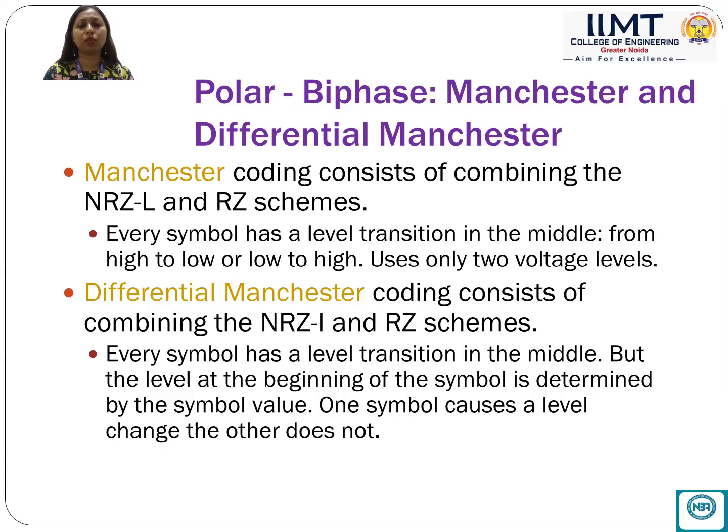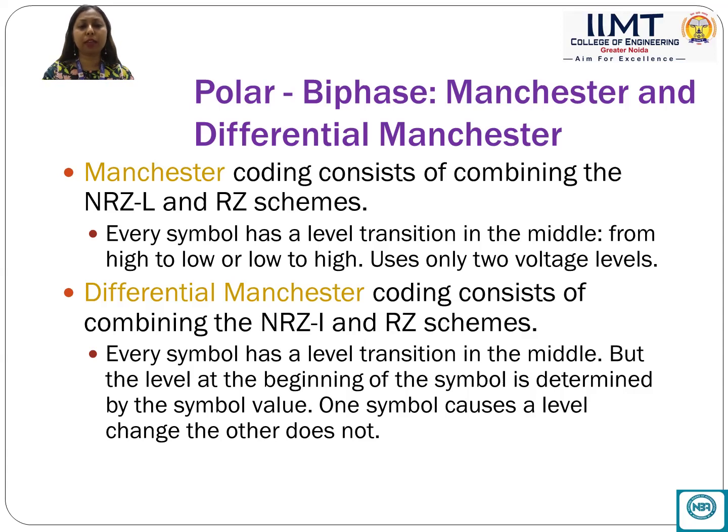Then differential Manchester coding consists of combining both techniques, non-return to 0 and return to 0. Every symbol has a level transition in the middle, but the level at the beginning of the signal is determined by the symbol value. One symbol causes a level change, the other does not.